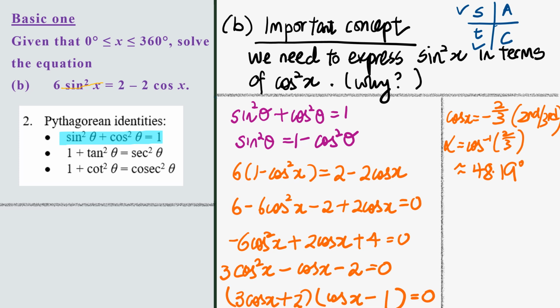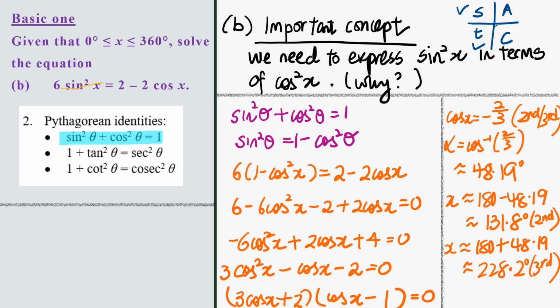We're expressing answers in degrees, so put it to 2 decimal places first. The second quadrant will be 180 minus alpha, and the third quadrant will be 180 plus alpha. For the final answer, you have to express it to 1 decimal place. Before that, the in-between answer is to 2 decimal places for better accuracy.